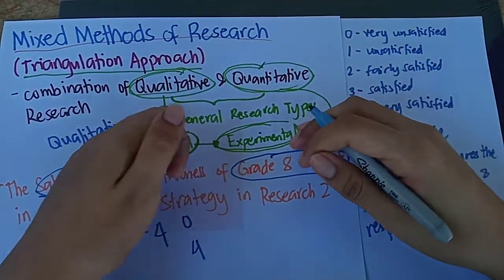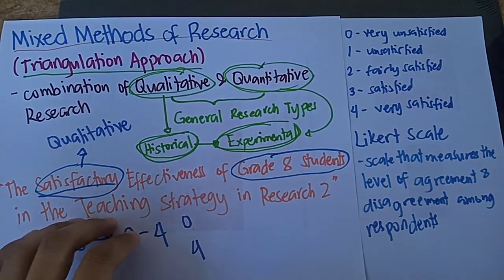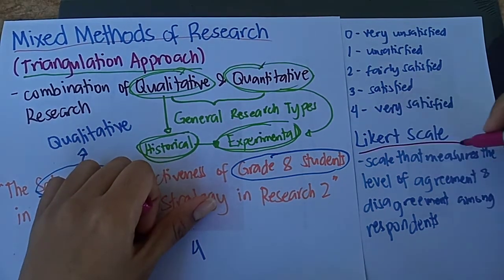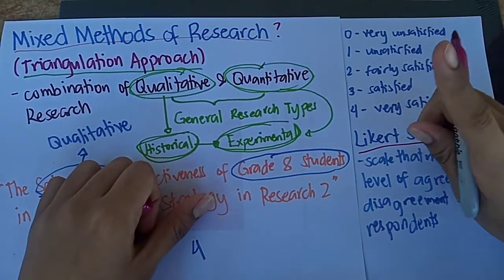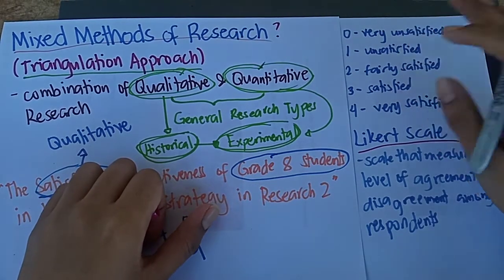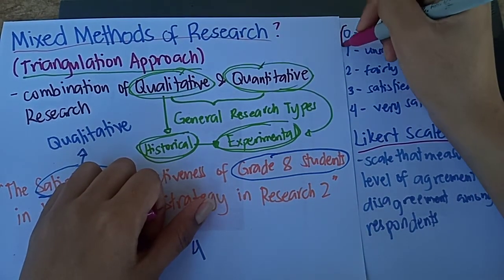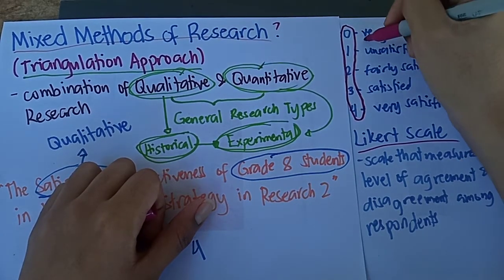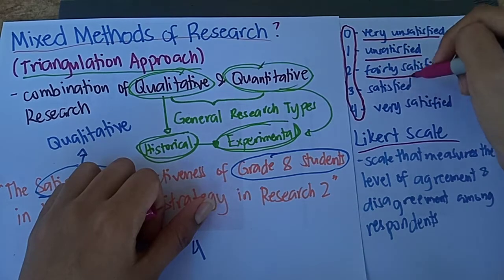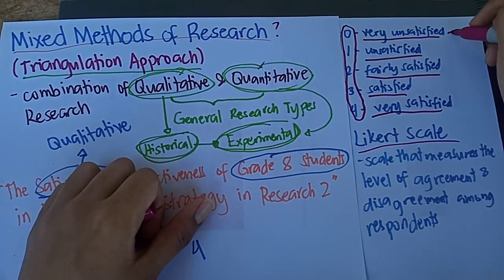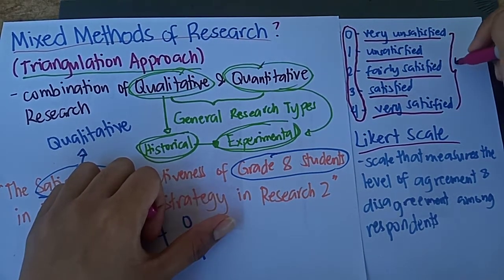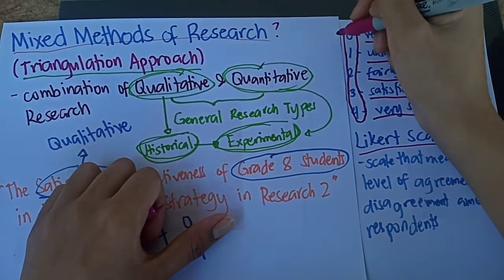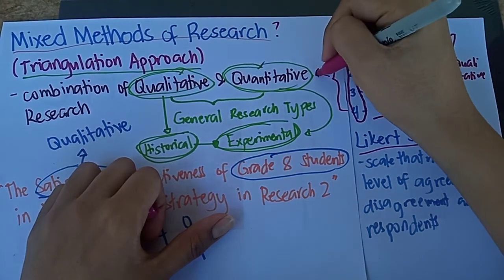Okay? So, using the Likert scale, can we say that there is a mixed method of research? Of course, obviously there is, because it makes use of the scale, and that scale consists of numbers, and these numbers were accompanied by these descriptive ratings. These descriptive ratings will fall under variables of qualitative, and these numbers will fall under variables of quantitative.